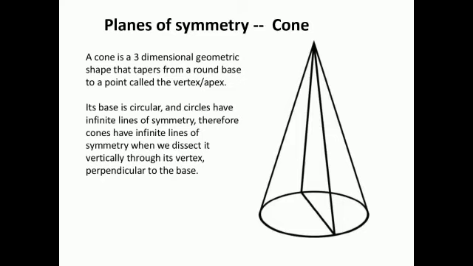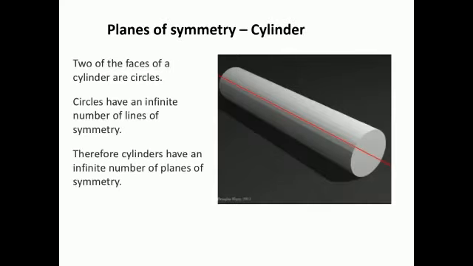Next one is a cone. Look at the base of a cone. It is a circular base. Circles have infinite lines of symmetry, therefore a cone has infinite symmetries. Okay, so last one, it's a cylinder. Its two faces are circles.